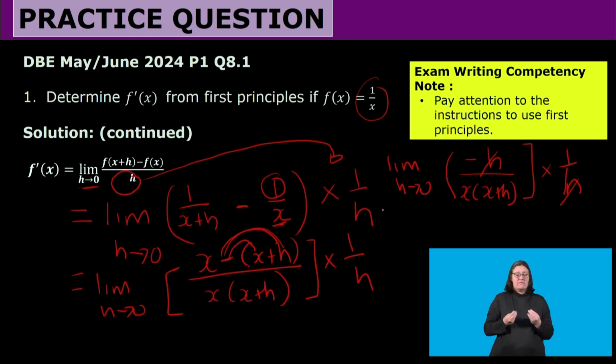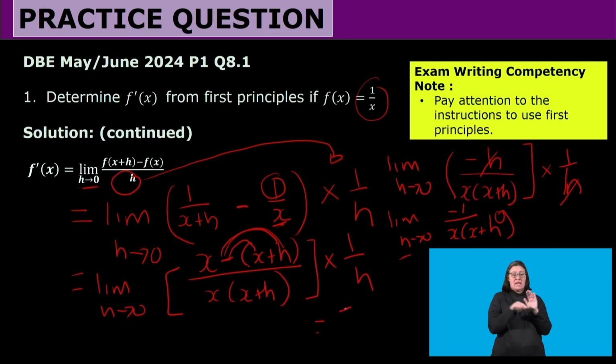And I end up with the limit as h approaches 0 of negative 1 over x into x plus h. Now, it's at this point where you can replace your h with the value it's approaching, which is 0. So if we substitute 0, we end up with negative 1 over x times x, which is x squared.